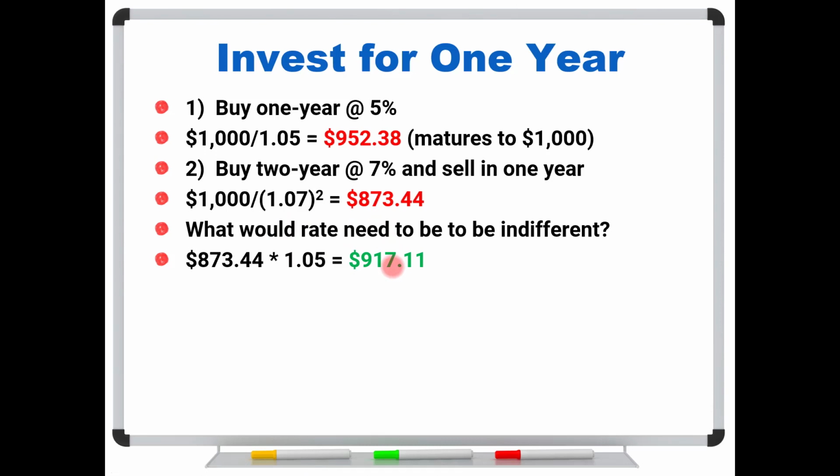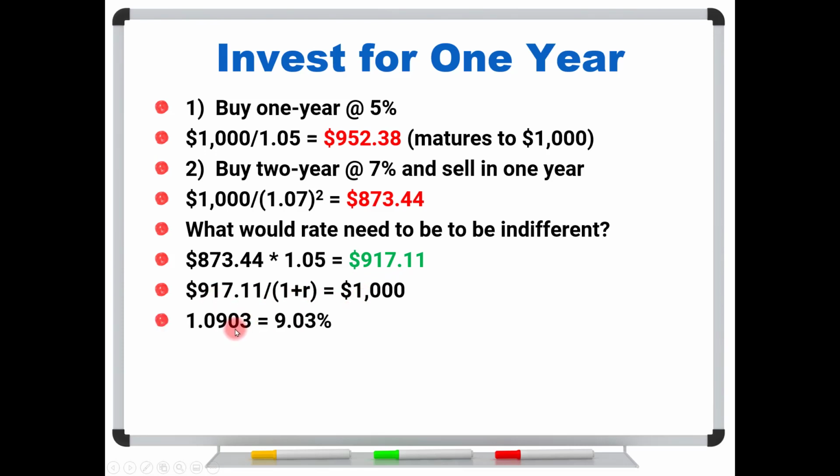on my money. Well, what rate would we need to see in the market for that bill to be trading at 917.11? Well, we go back to this formula and we figure it out, and it comes up to be 1.0903 or 9.03%. So if rates in 1 year are 9.03%, or at least that's what this one's being priced at, then yes, I could pay 873.44, I could sell it for 917.11, and I would in fact make 5% on my money.